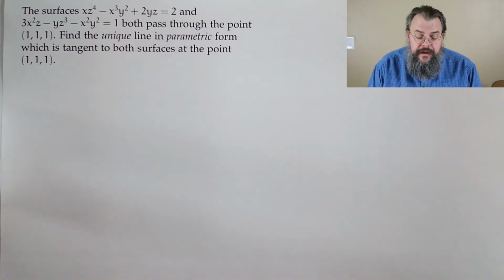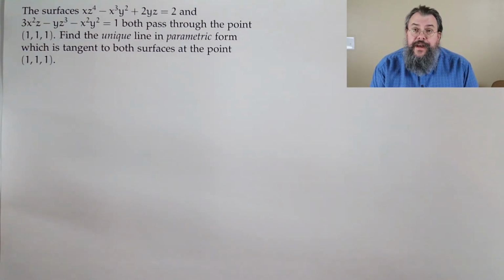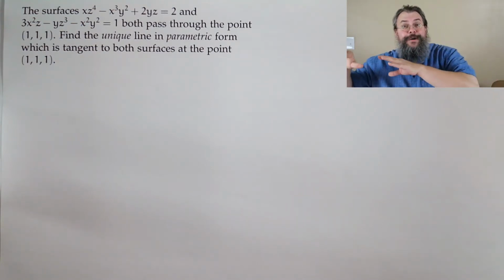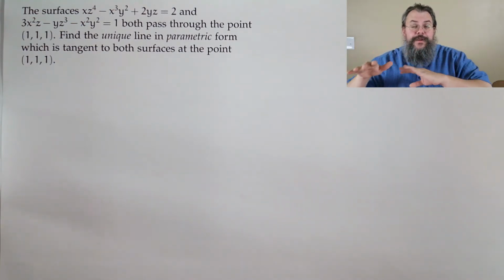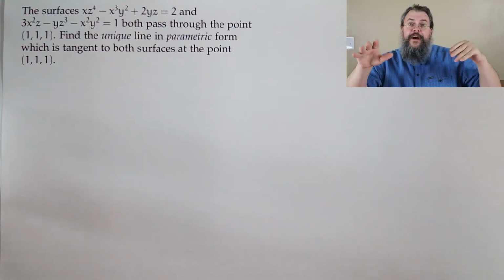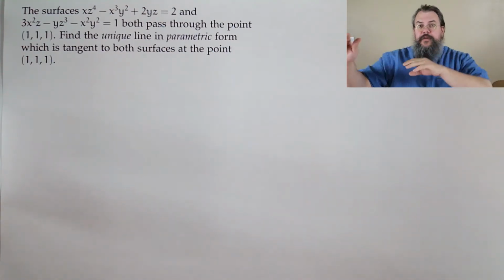Now, it says, find the unique line in parametric form, which is tangent to both surfaces at the point 1, 1, 1. Now, what's going on here? Well, I'm going to try to do a little bit of hand waving here just to build up our understanding of the problem. Or you could say, look, this is calculus through modern interpretive dance.